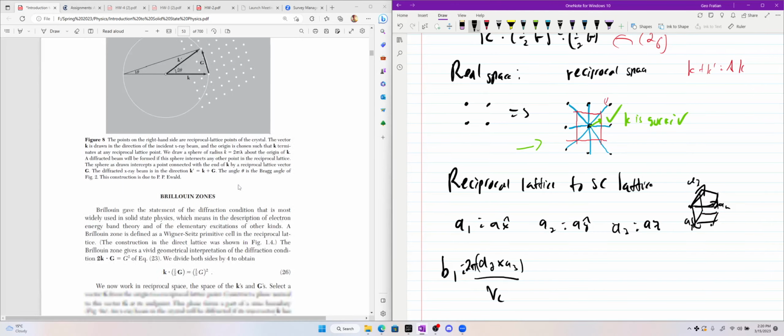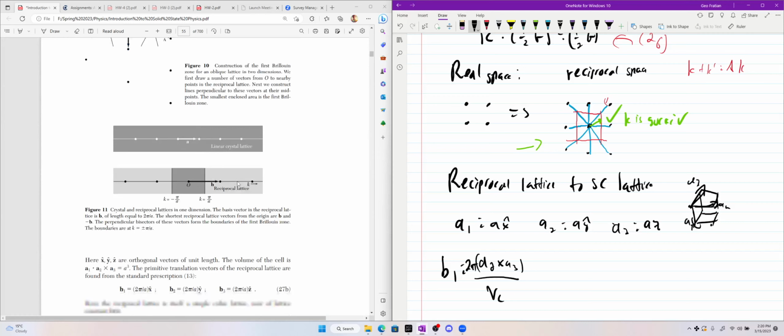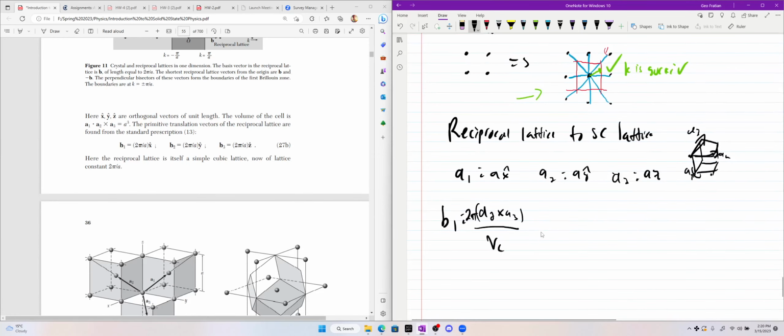If we follow that for the simple cubic case, which I can do as an example. So for simple cubic, a2 cross a3 just gives us a1. So then b1 equals 2 pi a1 over Vc, where the volume of the simple cubic is a cubed, as you can see right here.